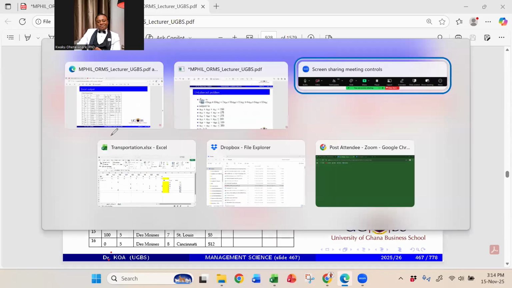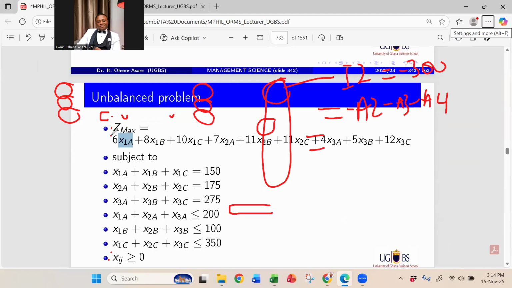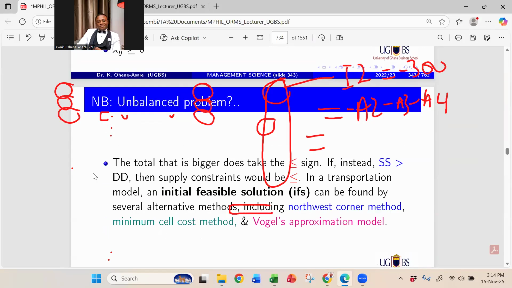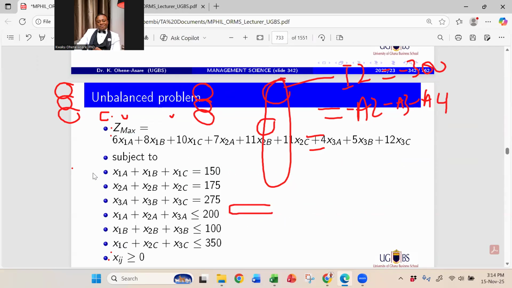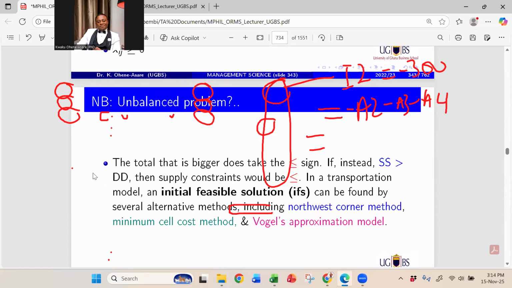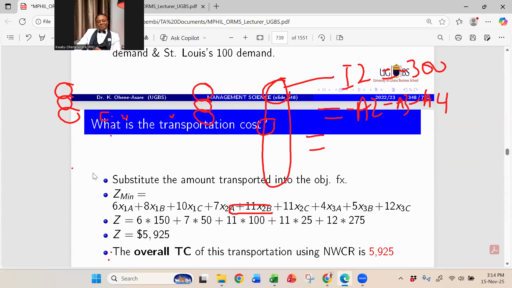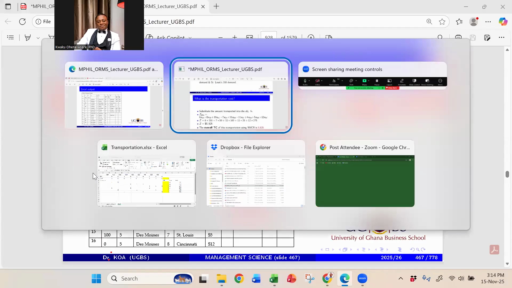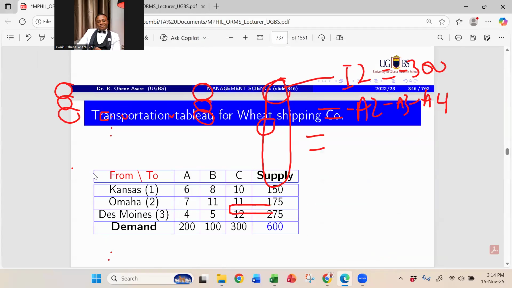Let me just go up to check the model. Am I on the right page? This one.